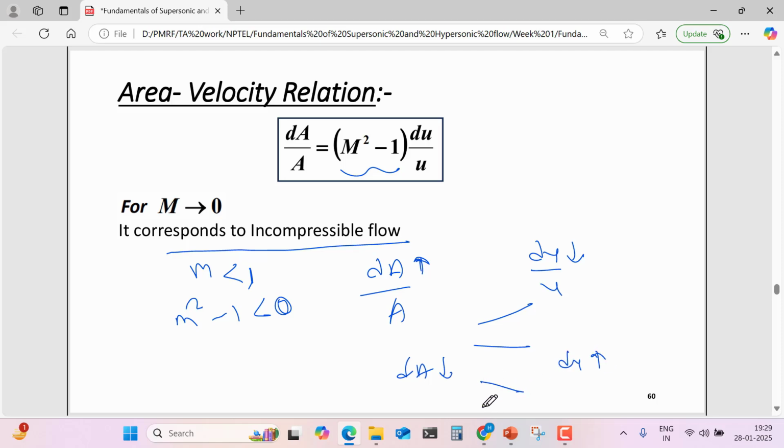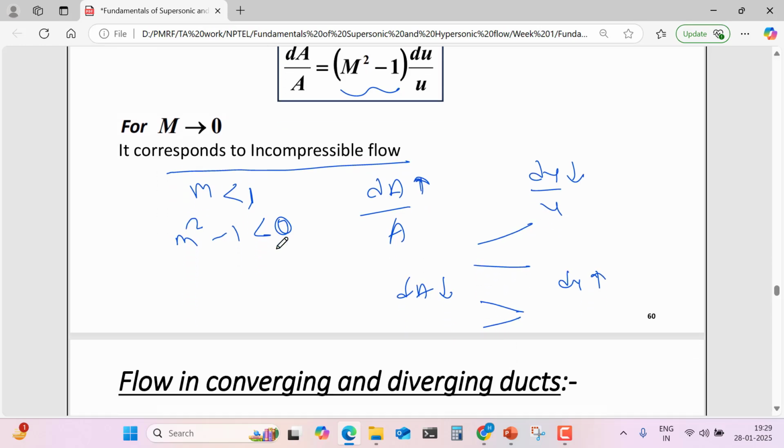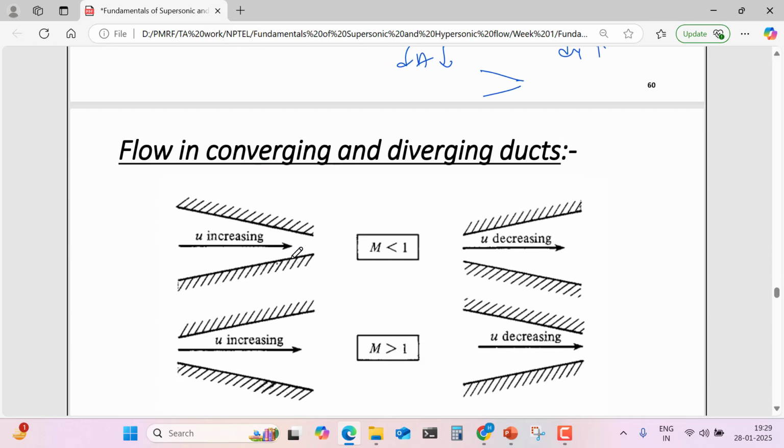If area is decreasing, then velocity will increase. Like here, for Mach number less than 1, if area is decreasing, then velocity will increase. Sorry, if area is increasing, then velocity will decrease.